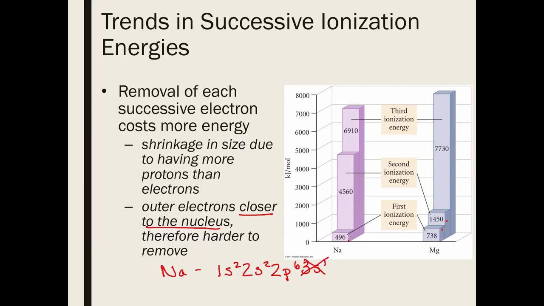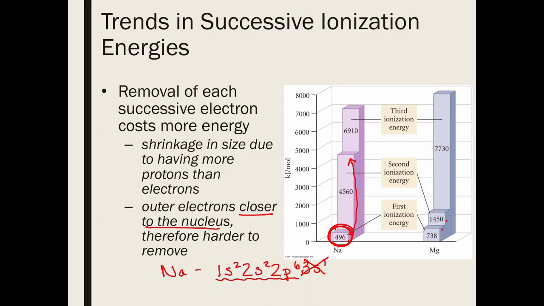But as you try and pull off another electron, now you're trying to pull off a core electron, and these core electrons are being held much more tightly than that valence electron was. So to pull off one of those core electrons requires a ton more energy. You can actually use graphs like this to figure out how many valence electrons something had. The fact that it was easy to pull off one electron, but really hard to pull off a second, tells us that this atom only had one valence electron.